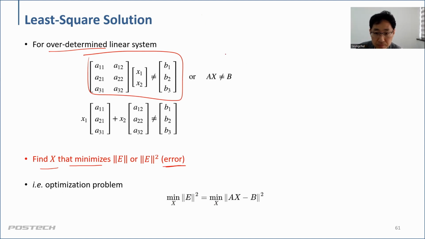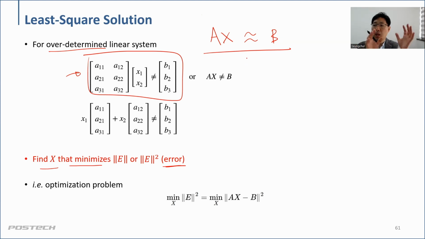Let's see, AX. I want to solve this one, but in general, if A is a skinny matrix, we cannot find solutions. And what's the second best that we can do? I want to approximate it.